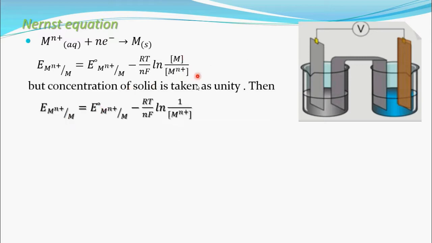We have taken this as unity. This is the Nernst equation to calculate the electrode potential of M when the concentration of this M n plus is other than 1 molar. See, what are the terms involved in this equation?